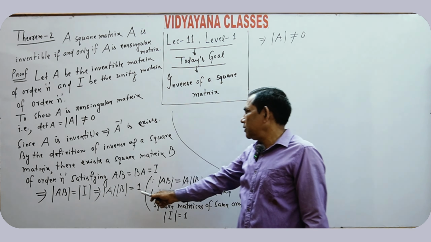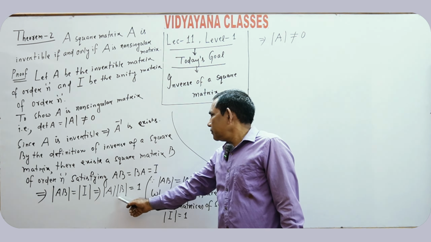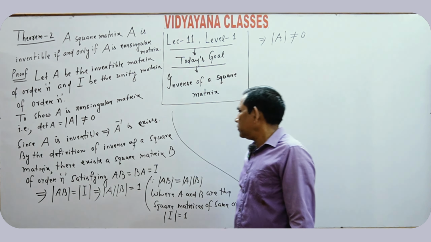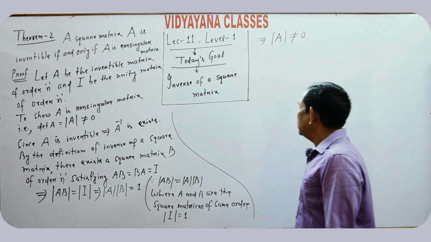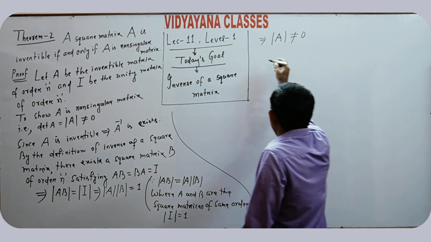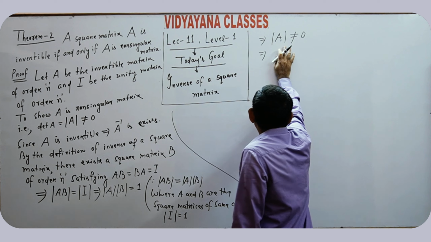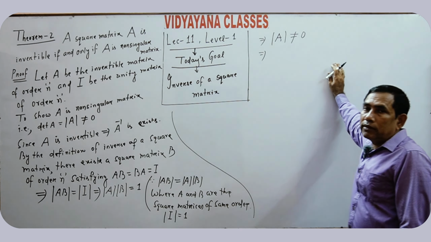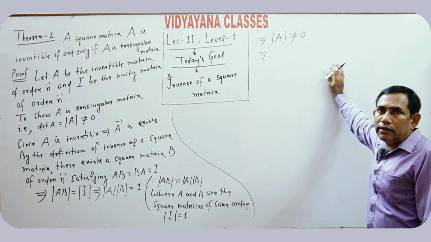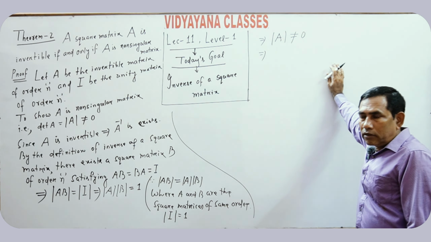Since the product is 1, determinant of A not equal to 0. That implies determinant of A not equal to 0 implies the matrix capital A is non-singular.